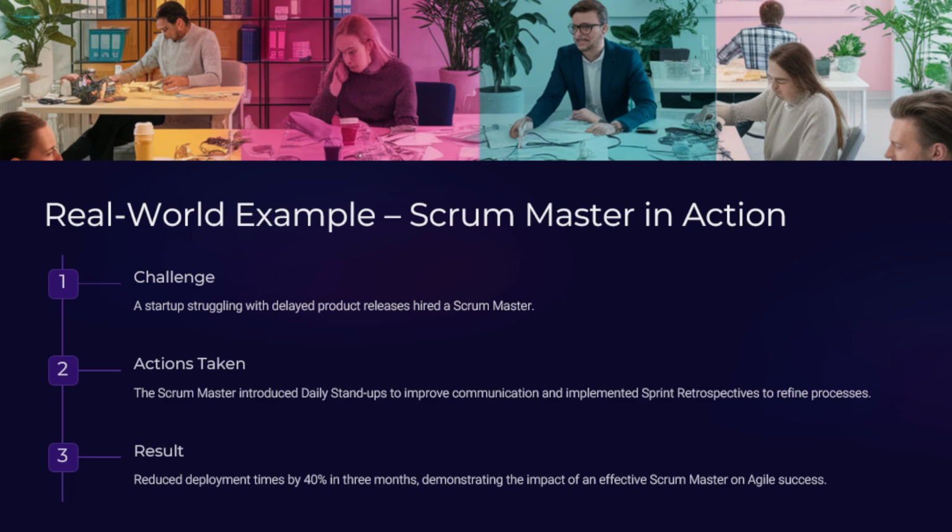Let's look at one of these real world examples where the Scrum Master is in action. We have a case study where Scrum was implemented at one of these tech startups. The startup was struggling with delayed product releases, which caused them to hire a Scrum Master. The Scrum Master introduced, for example, daily stand-up meetings to improve communication and to understand the blockers that the team is facing.